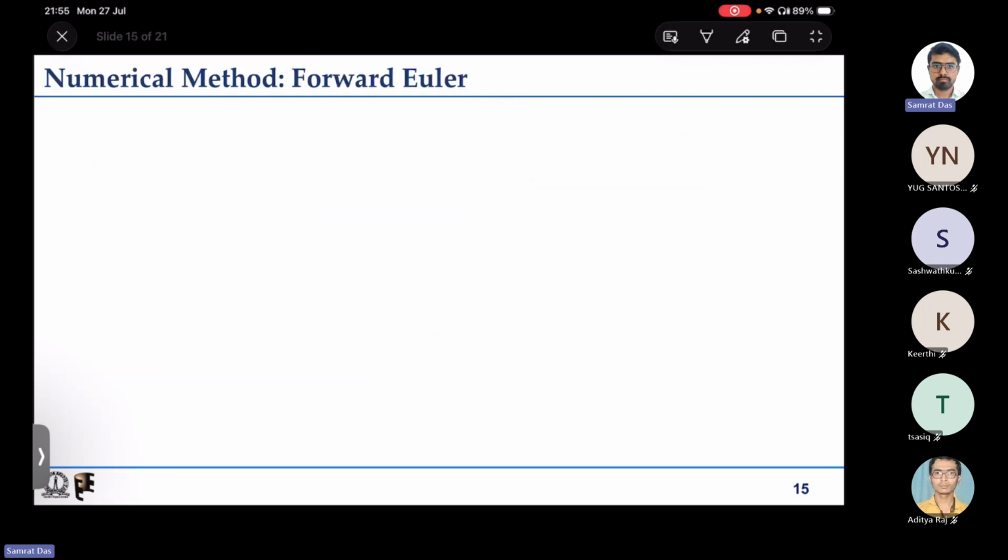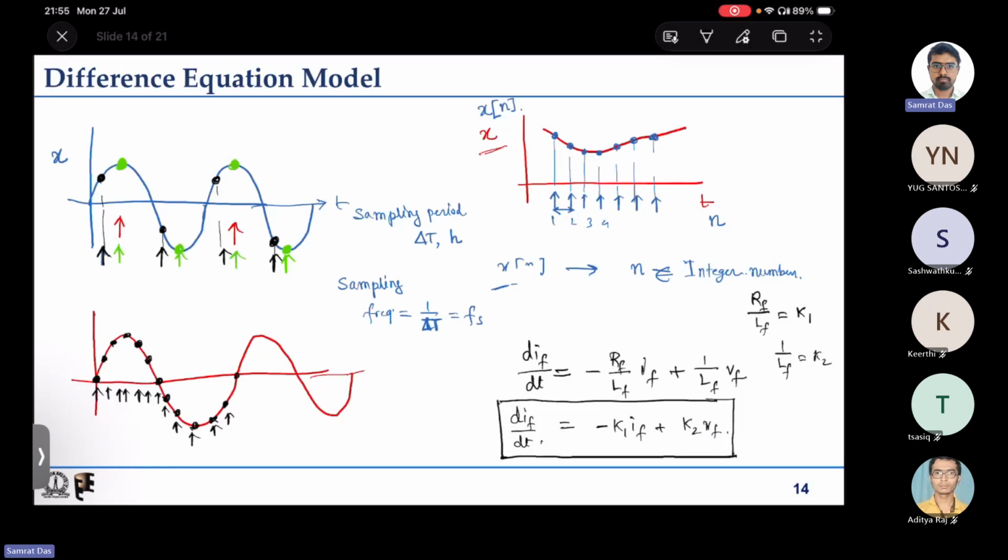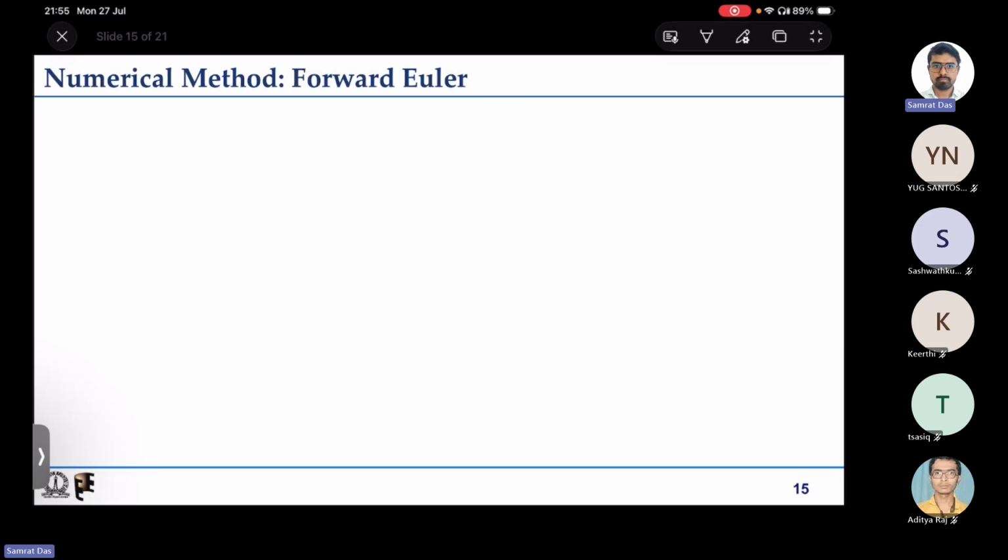So in essence, if we assume that If is a general state variable, say x, right.